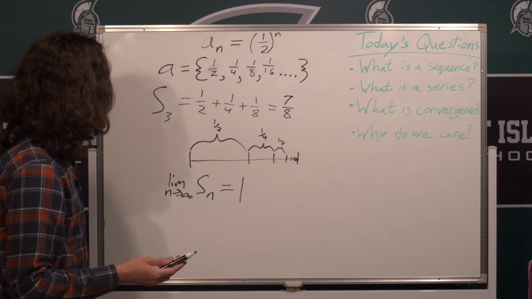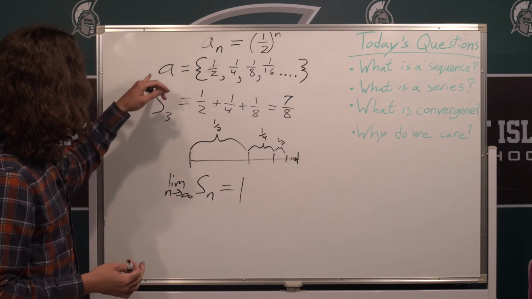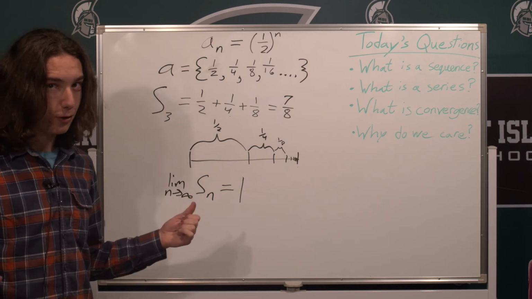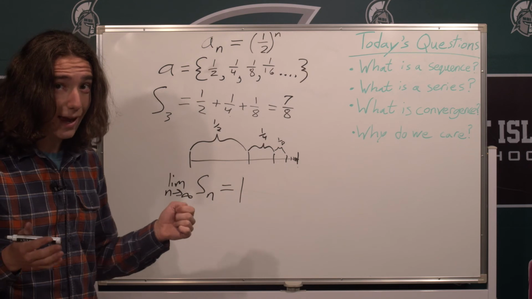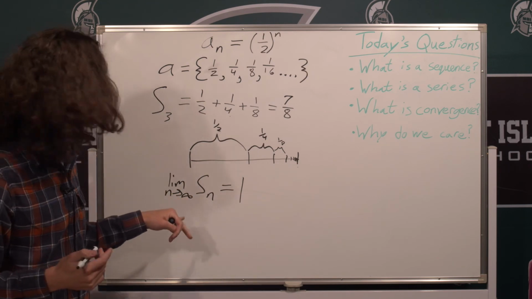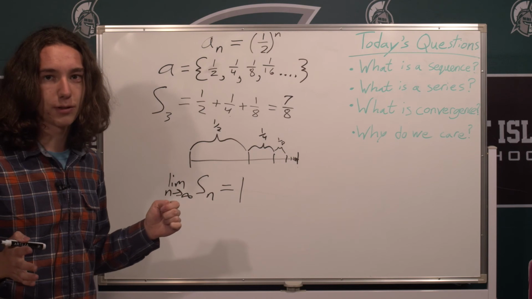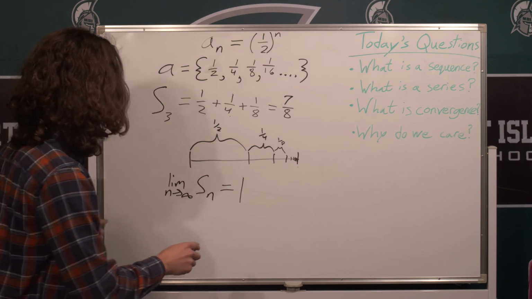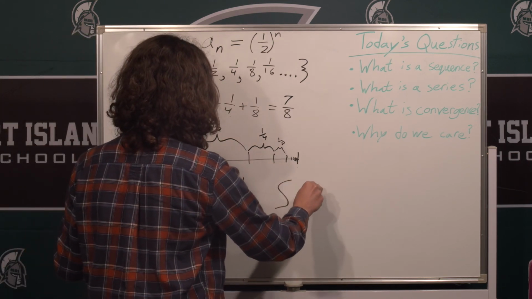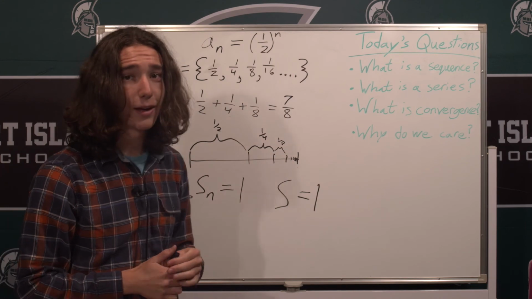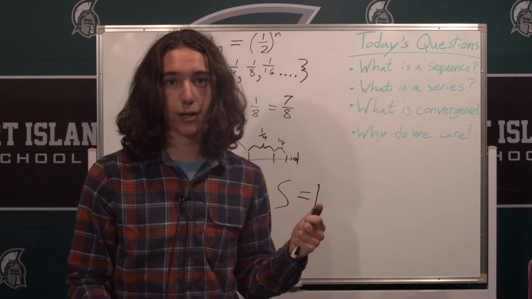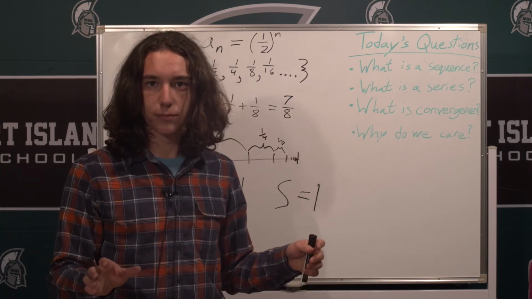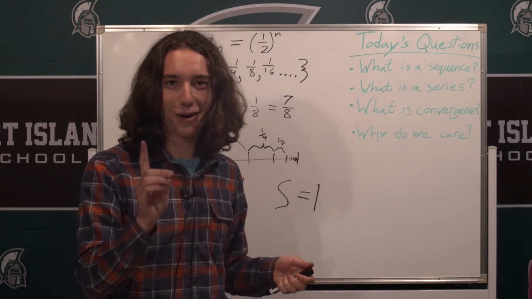And so what we can say, counterintuitively, is that A, this infinite list of numbers, when you add them all up, the sum actually equals, because in calculus, the limit does mean it equals, the sum of all these numbers is finite, and it equals 1. So you can say S equals 1. And that is what all of sequences and series is about. It is about this phenomenon where an infinite number of stuff equals a finite amount of stuff.